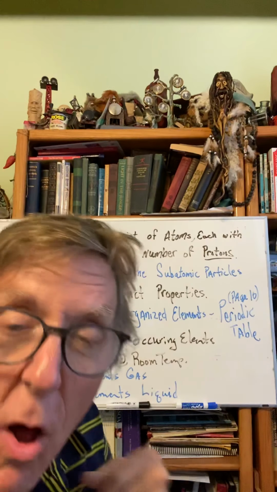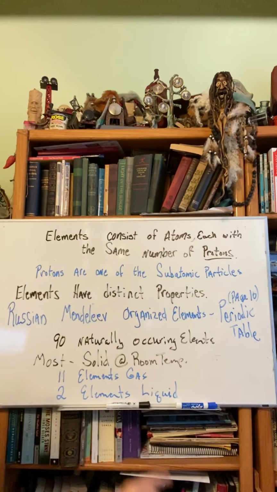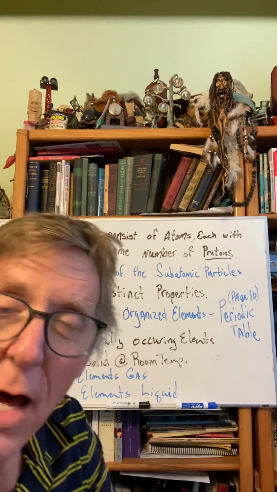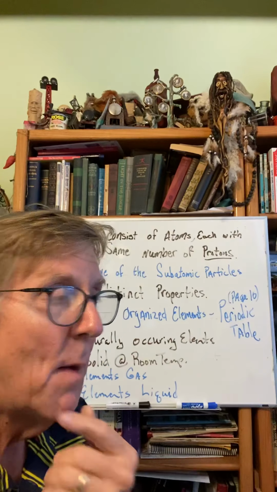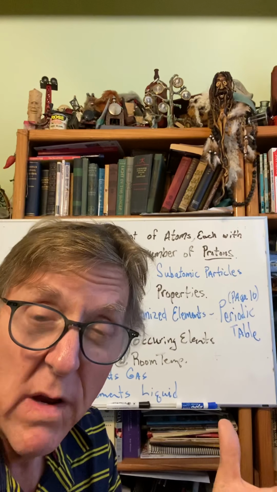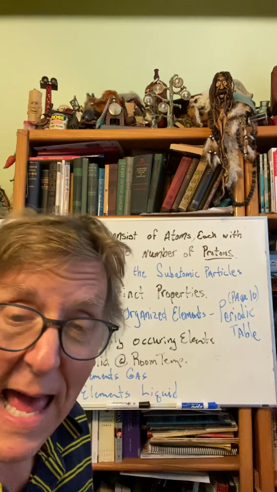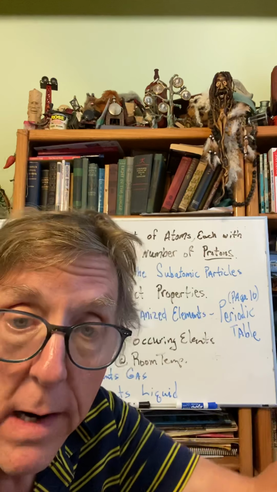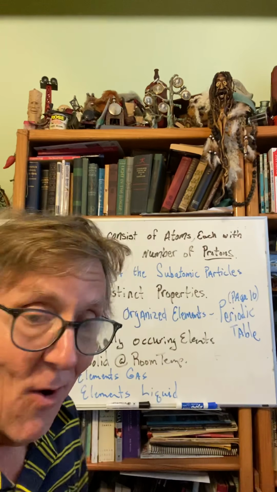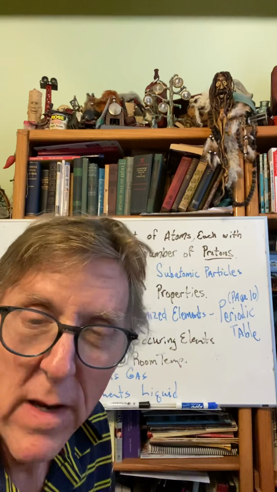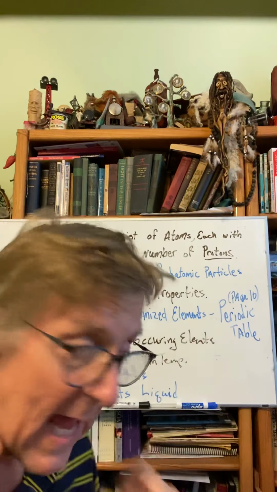Before we get into all that, in nature we have 118 elements, but some of these elements are laboratory creations. When you look at what you find out there, I'm pointing out my window, and in here and everywhere around us, there are 90 different naturally occurring elements.